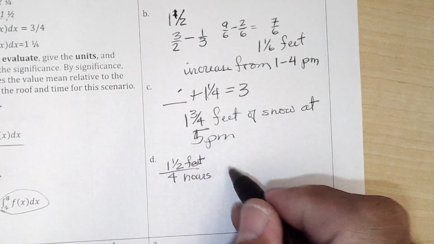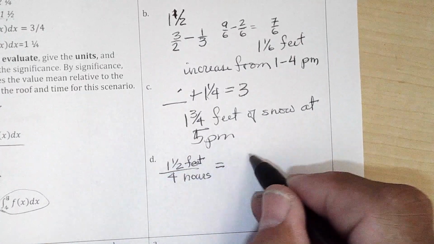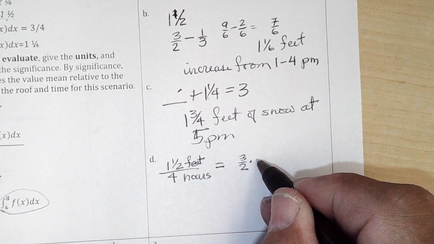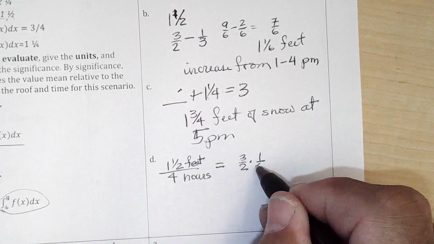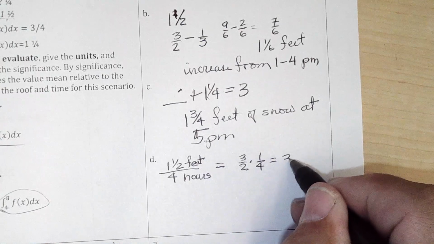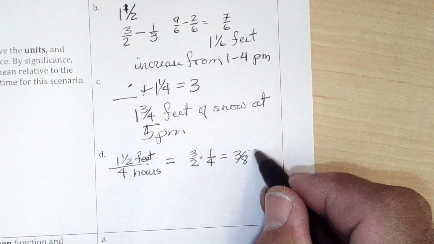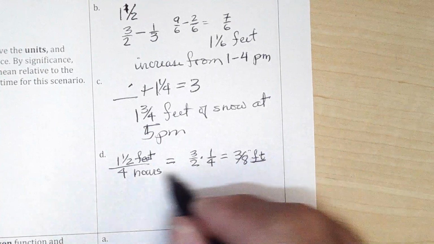So that means 3 halves divided by 4, or multiplied by 1/4, is 3/8 feet per hour.